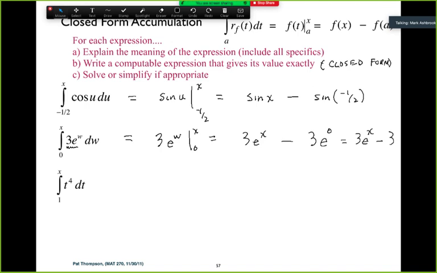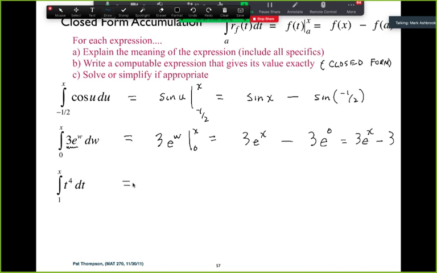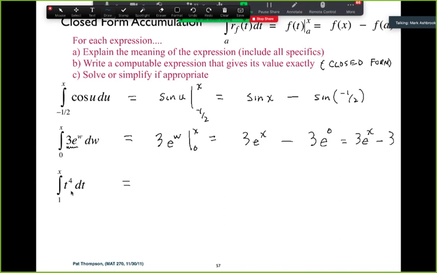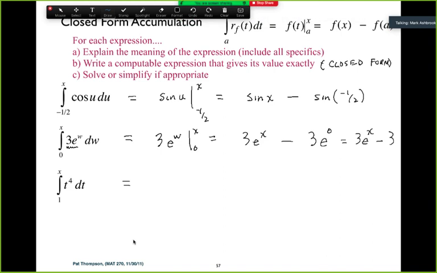Okay, how about this? Again, we have the net accumulation of changes in a quantity whose rate of change is x to the 4th, starting from 1, accumulating to x. So we need a function whose derivative is t to the 4th.